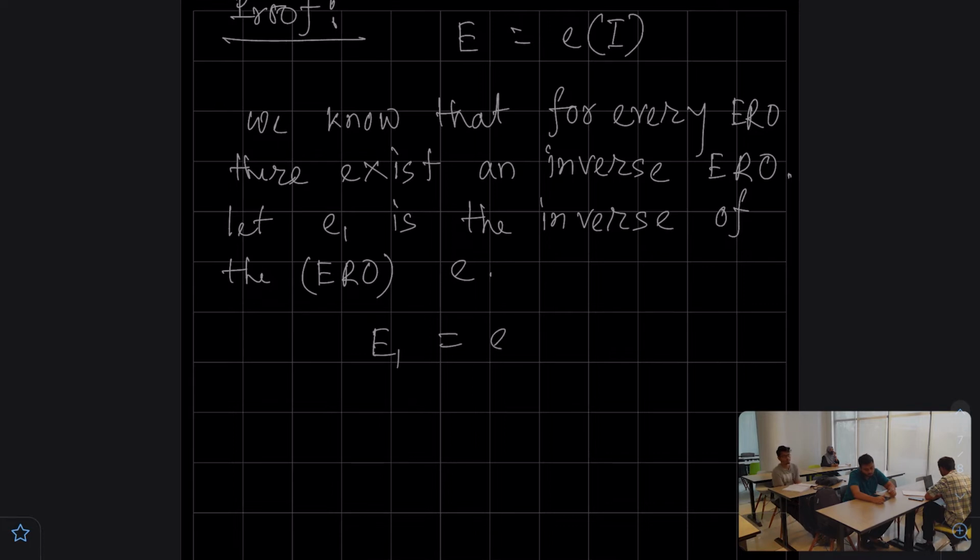E1 is actually E1 of I, right? Does it make sense? It's just a definition.